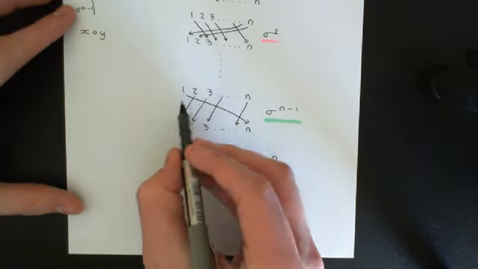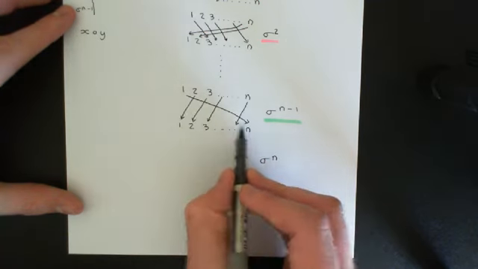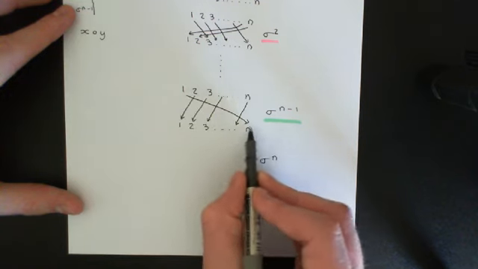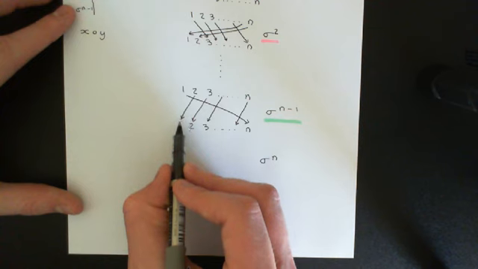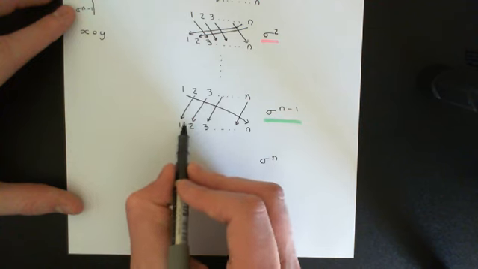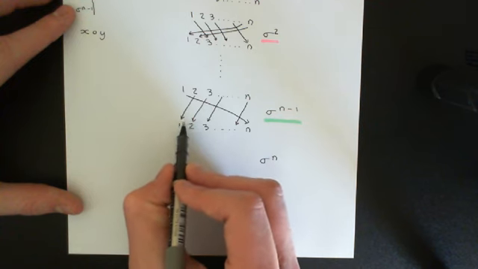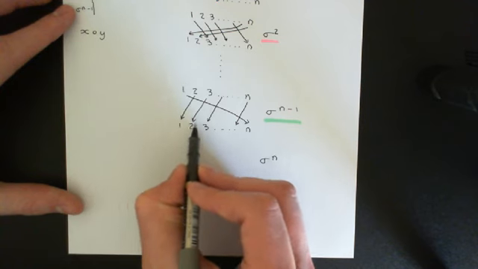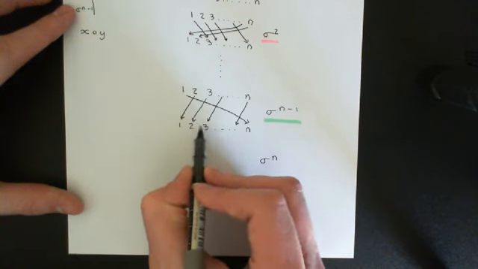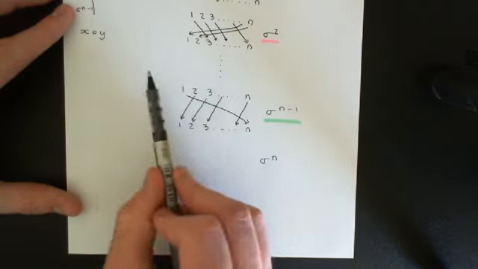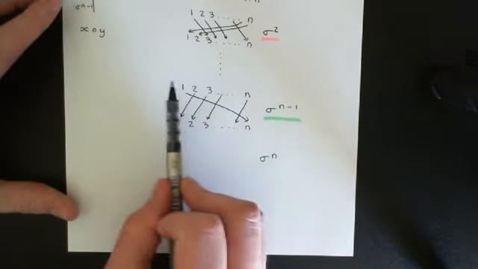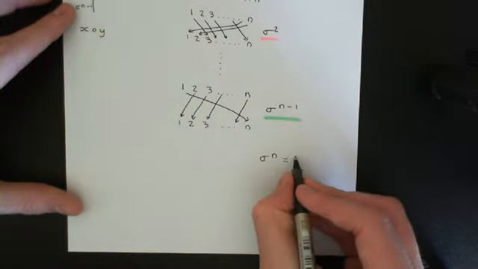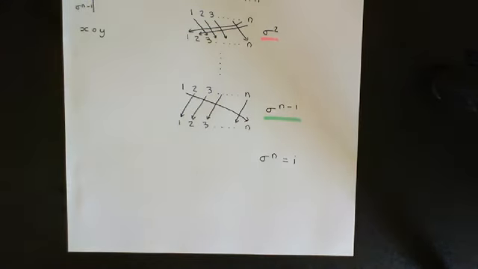Well, now we'd move 1 along even further, but there is nothing further along, so we'd end up moving it back onto where 1 is. We'd move 2 along even further, so it would go 1 to the right again, so now 2 would go to where 2 is instead of going to where 1 is. 3 again would go to where 3 is, and you can see that everything would end up going to itself. So sigma to the power of n is actually equal to the identity element.